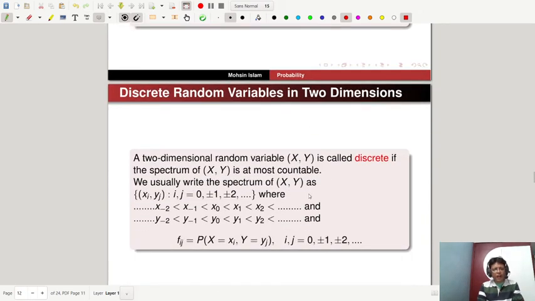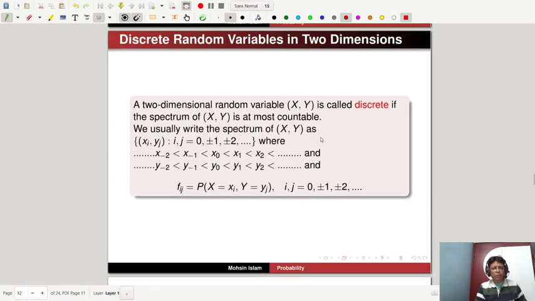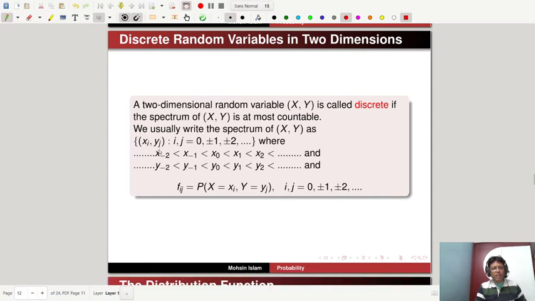Now for discrete random variables, let us see what the form of discrete random variables is in two dimensions. If you talk about a discrete random variable, then your spectrum will consist of (xi, yj). So this will be x-2 less than x-1, as we have already taken for the one-dimensional distribution.